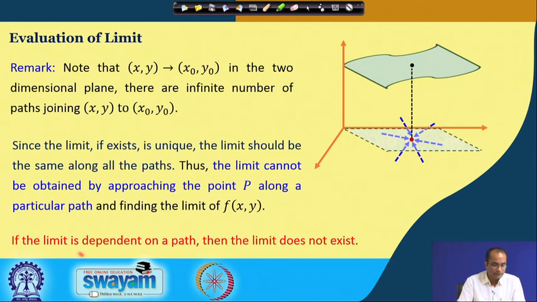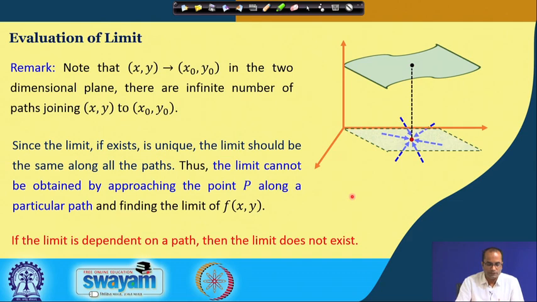However, if the limit is dependent on the path, so if we find along two different paths that the limit is different, then at least we can conclude that the limit does not exist. But getting the limit along two or many different paths, though that limit may be the same, we cannot conclude that that particular number is the limit, because there may be some other path where the limit may be different.